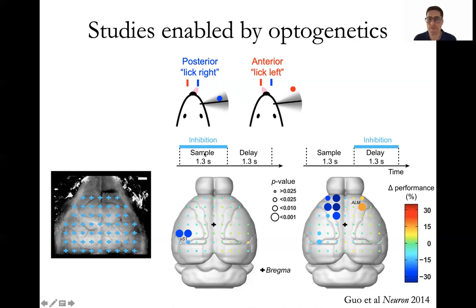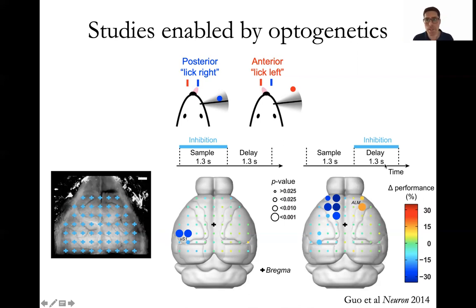So this makes sense. They then also inhibited all of the same locations throughout the brain while the animal was waiting to report its response. So it palpated the environment with its whiskers, it whisked the surrounding area, figured out where things are, and then it has to wait before it can report its response.